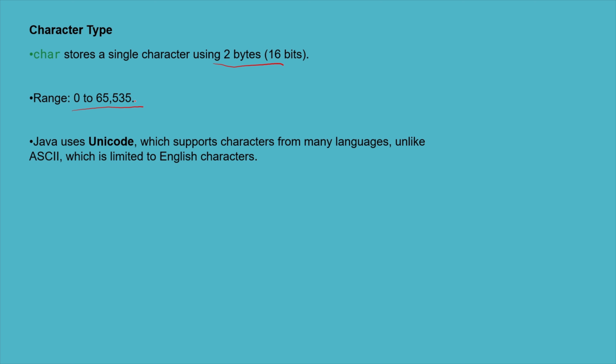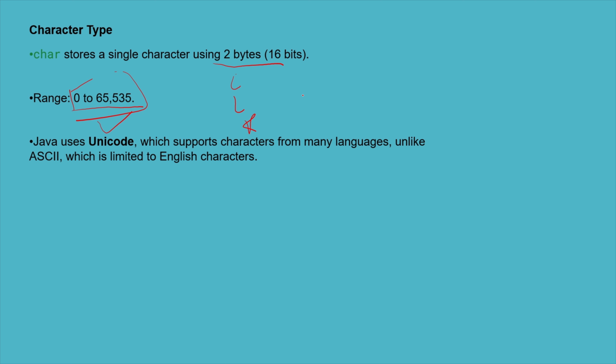So you might get a doubt: we're talking about a character to store into a variable, then why is the range this one? Basically Java uses something called Unicode. That means every character in the internationally recognized languages has a Unicode. So when we store a particular character, that Unicode will be represented in the memory.